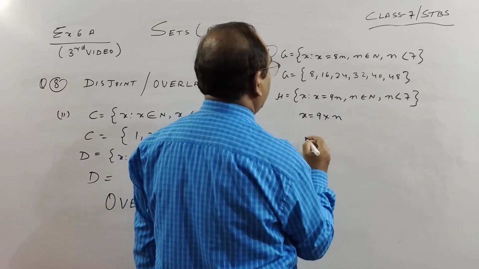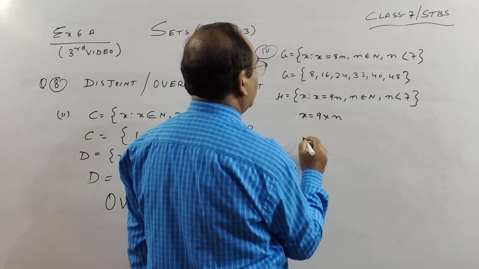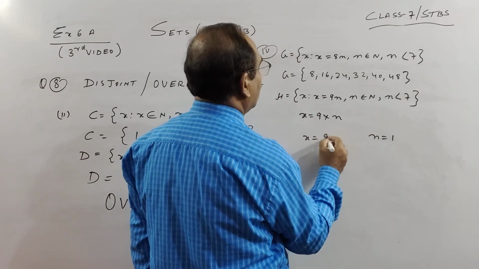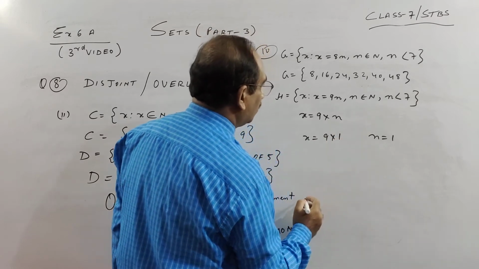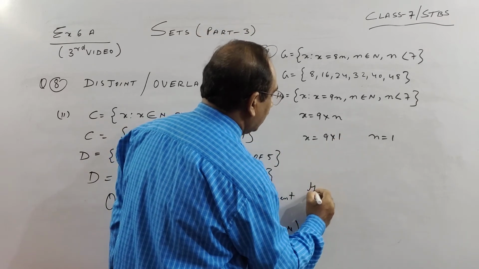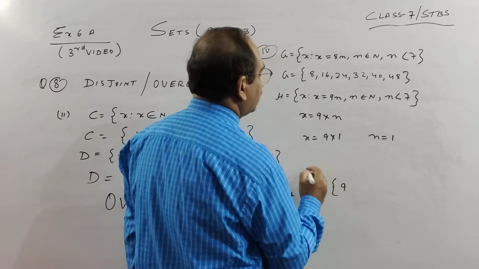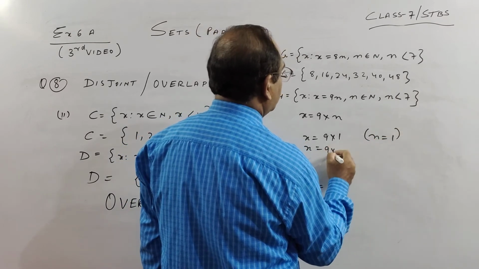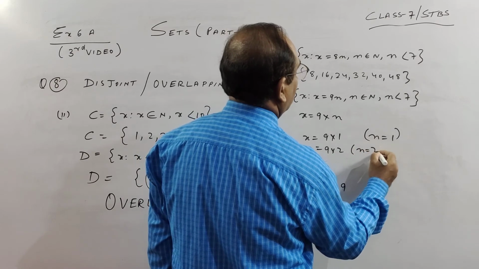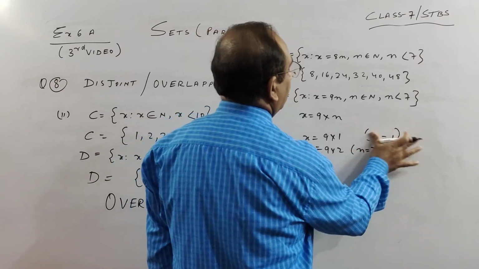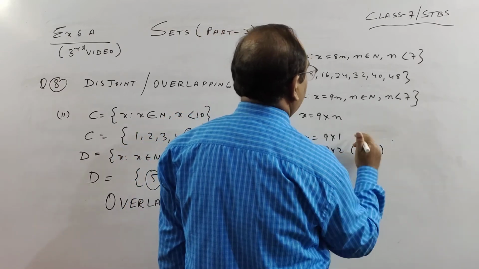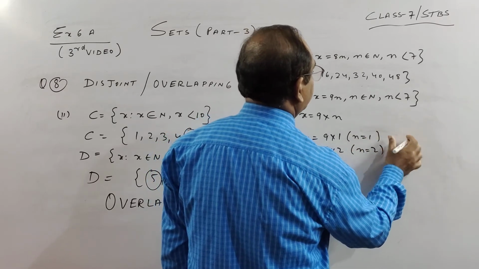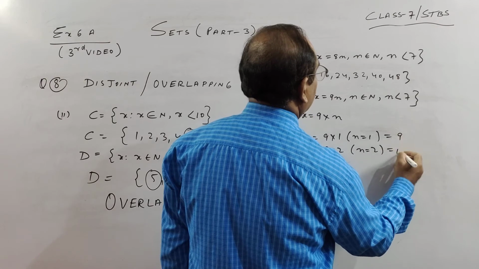So let us put n equal to 1 here. What will we get? 9 ones are 9, so here I get the first one as 9. Then put n as 2, so I'll get 18, children. This is 9, this is 18.